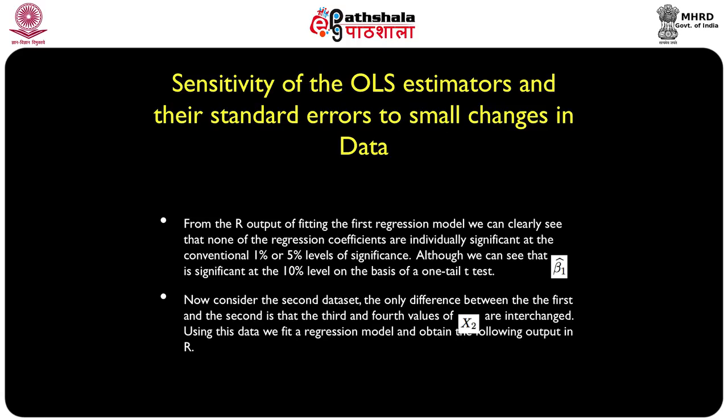Now consider the second dataset. The only difference between the first and the second dataset is that the third and fourth values of explanatory variable x2 are interchanged in the second dataset. We again fit a linear regression model to this dataset using the lm function in R, and we have already looked at the R code and R output.